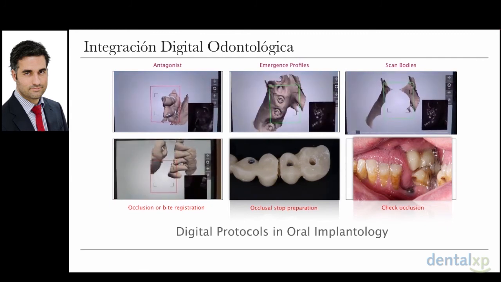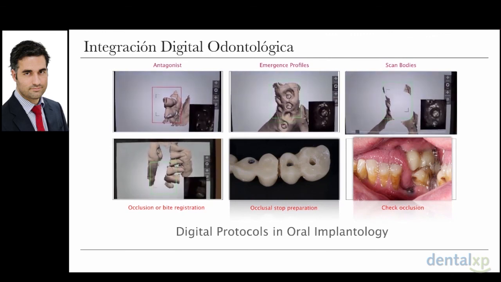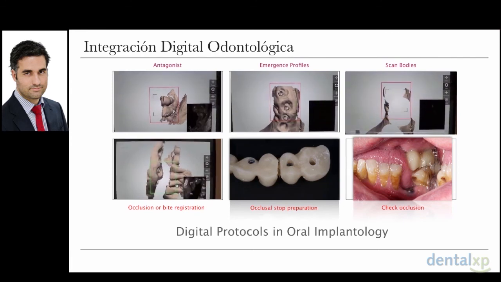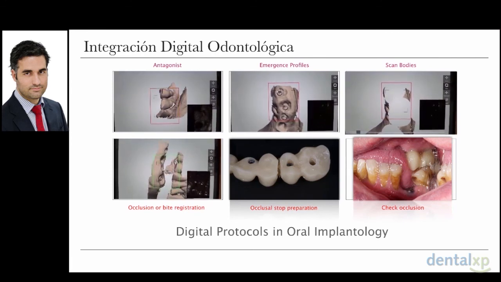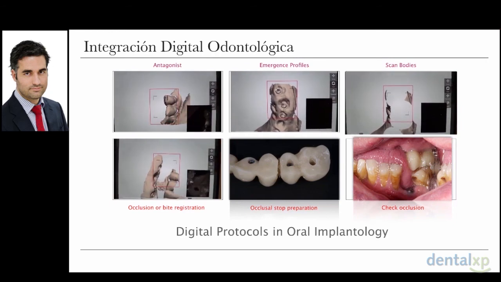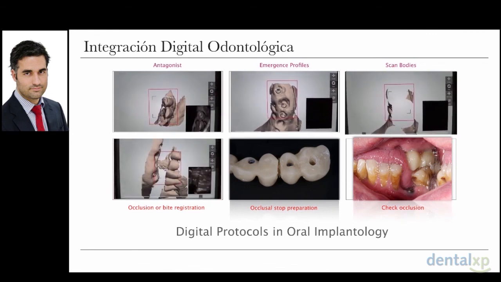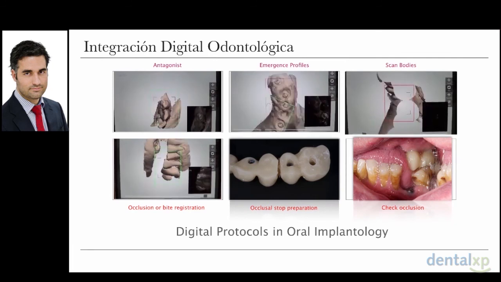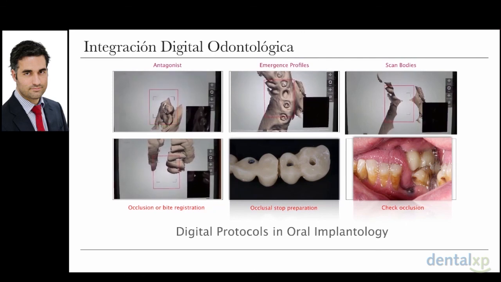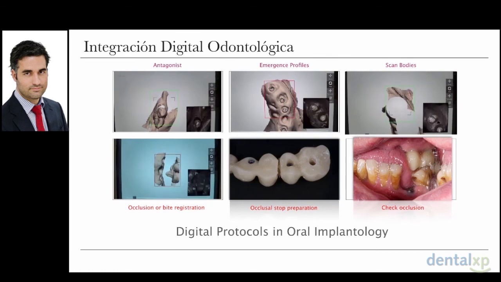So I used the provisional, and I cut that provisional, and I placed the posterior part of the provisional, I screwed it, and that is what is going to give me the vertical dimension. That is what is going to position the jaws. And once I position the jaws, I go and I scan that, and that's what is going to be transferred to the lab as the information, and this is going to be the occlusion.